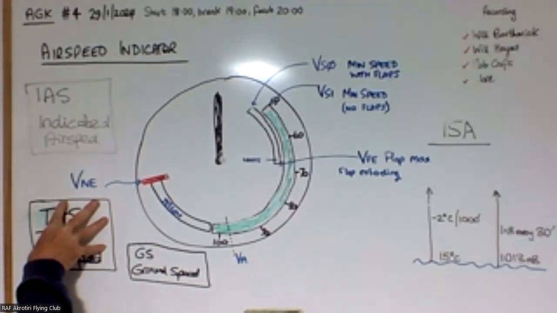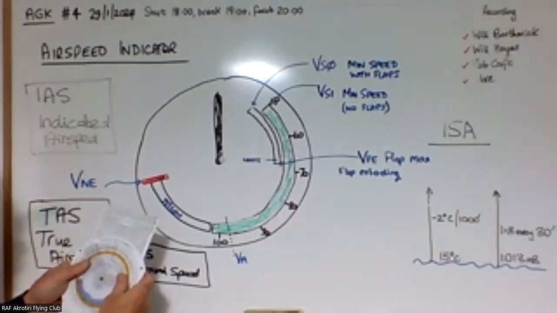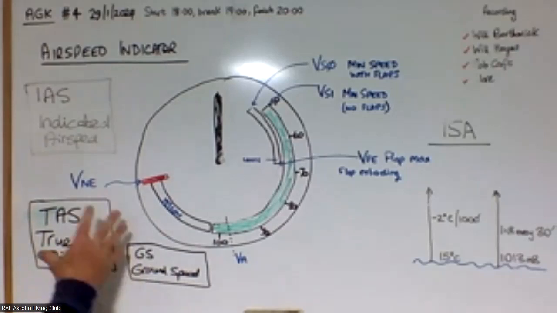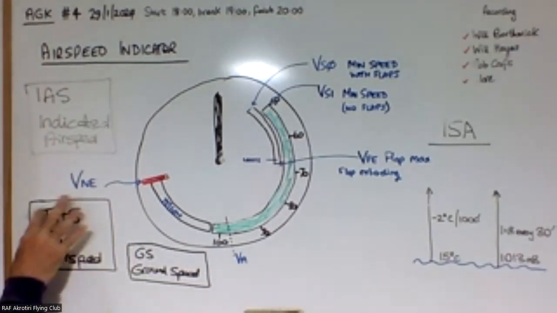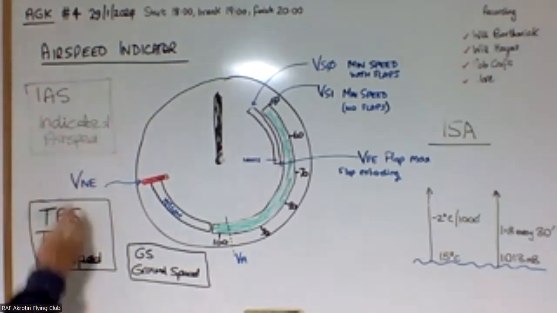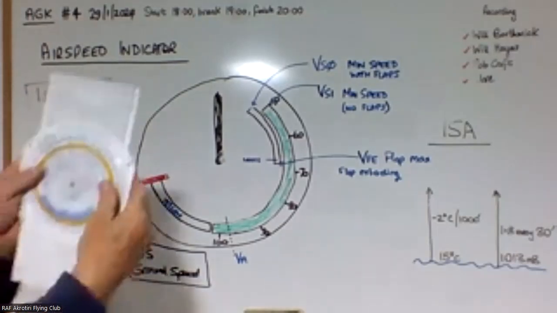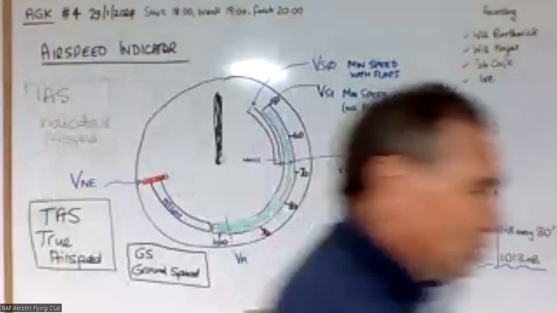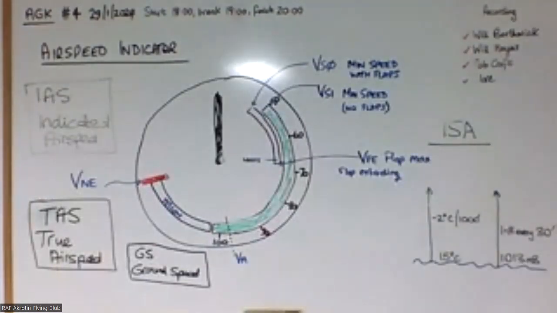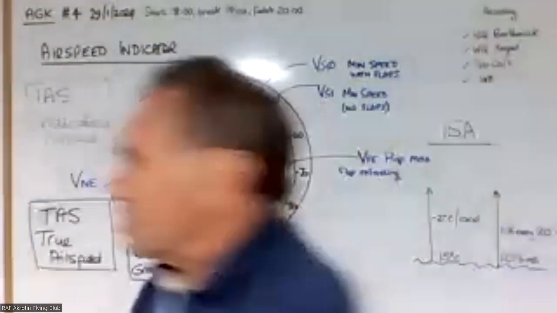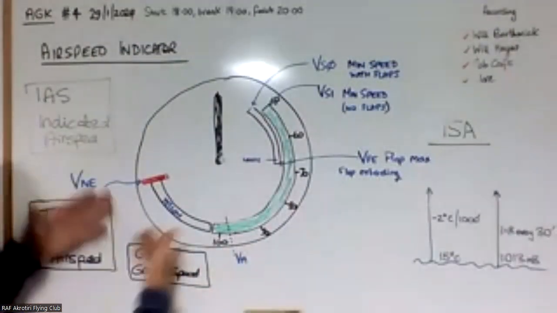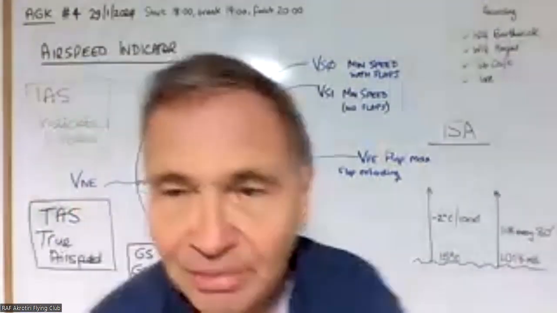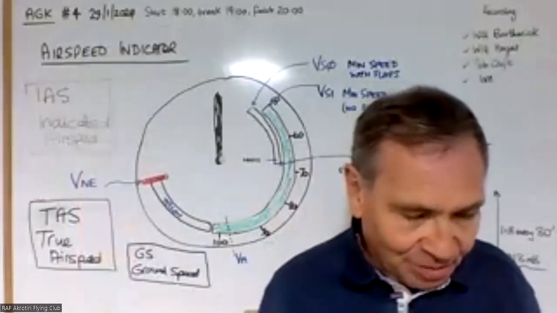In other words, if you set your temperature and your height, you can convert from IAS to TAS, and there is a way of doing it on your whiz wheel. And then, of course, when we study navigation, we'll go into this in a lot more detail, and we'll also be talking a lot more about ground speed.